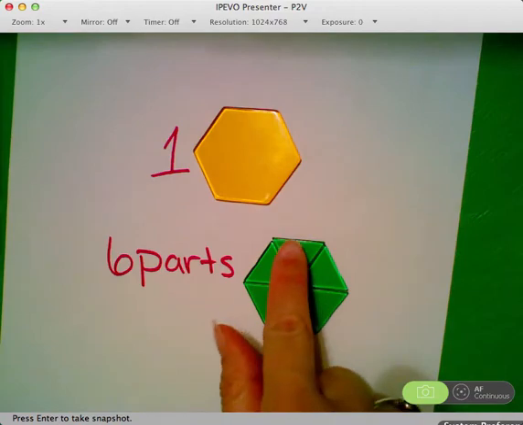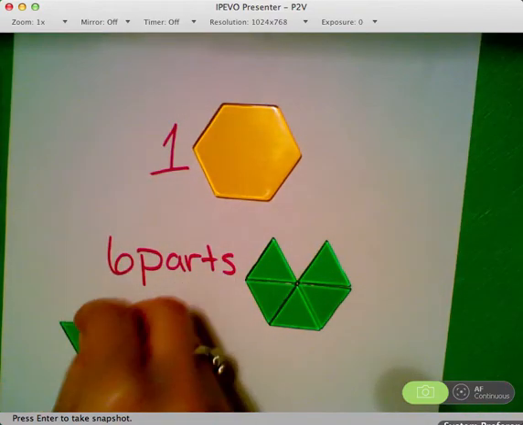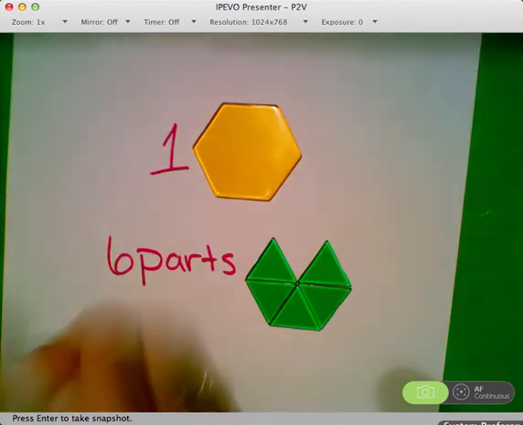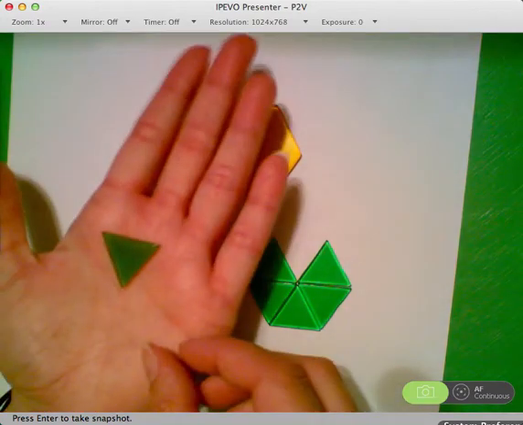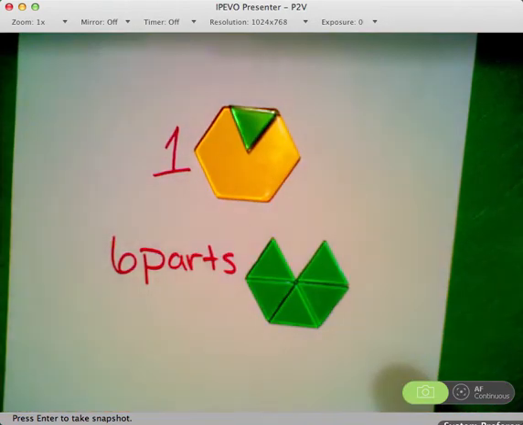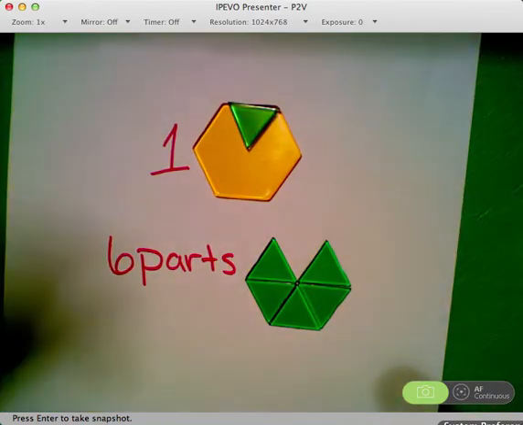Okay. Let's say I have this much of a hexagon. How much of a hexagon do I have? It's not a whole hexagon. It's only a part. But how much of a part? Well, let's see.